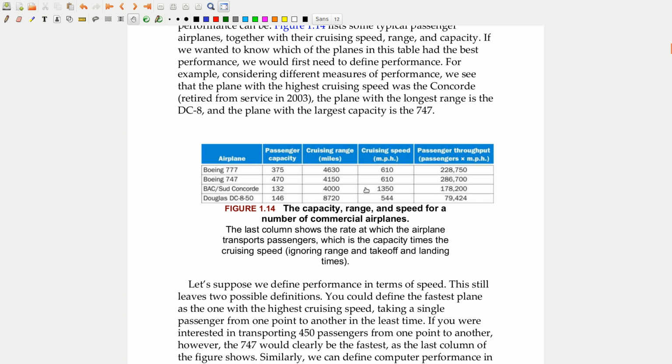So if we only care about throughput, right? The number of passengers that we get for a certain distance with a certain speed, we want the 747. And then if we're looking at these other two, we're really trying to find a balance between the two, right? So that's what we're saying here.